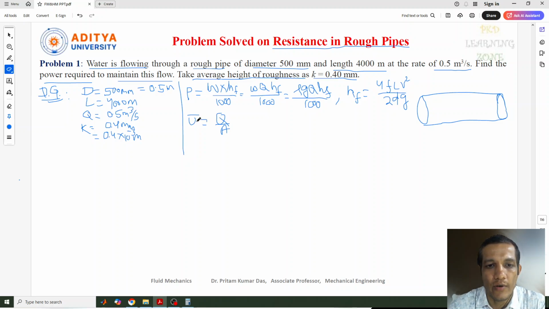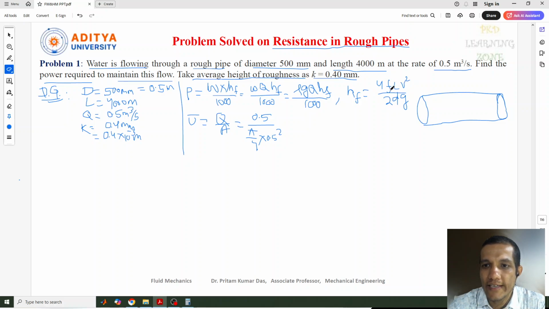So from that formula we can write V equal to Q by A. The diameter is given, so we can easily identify the area value. Q is 0.5 and the area is pi by 4 d square, so we can write pi by 4 into 0.5 square. So we can find out the velocity value, which is what is required here.